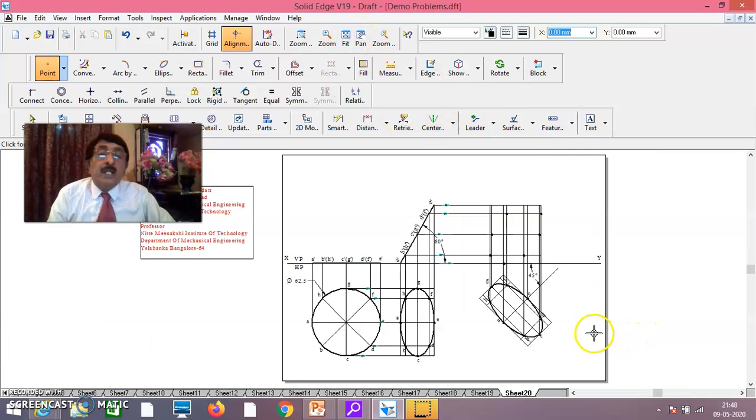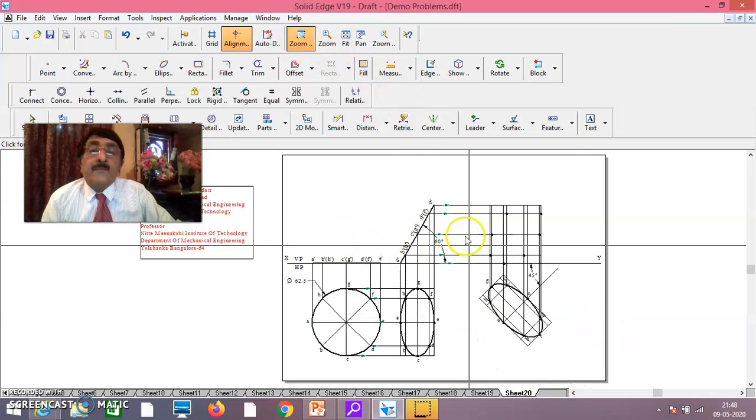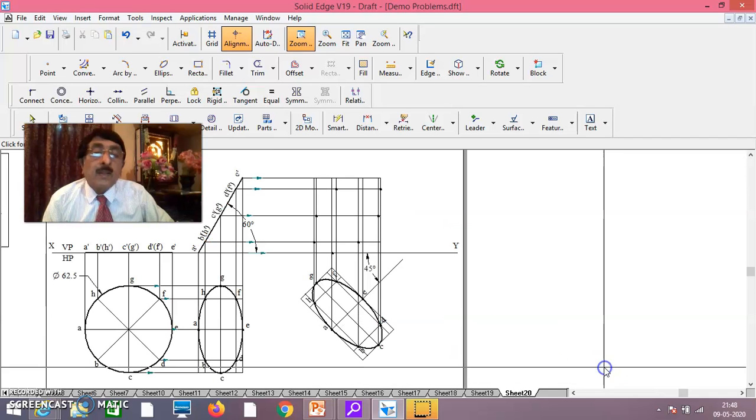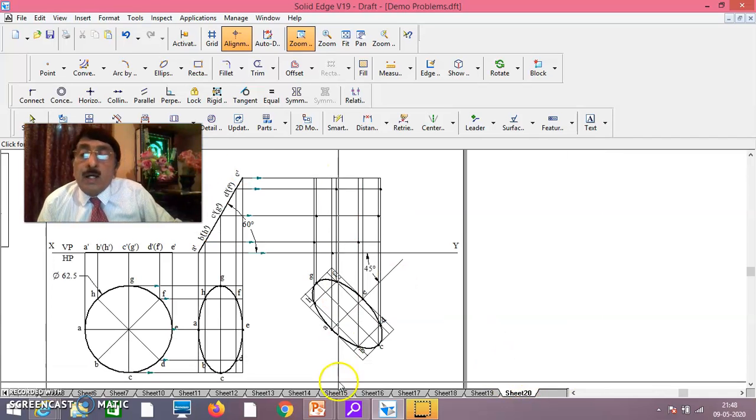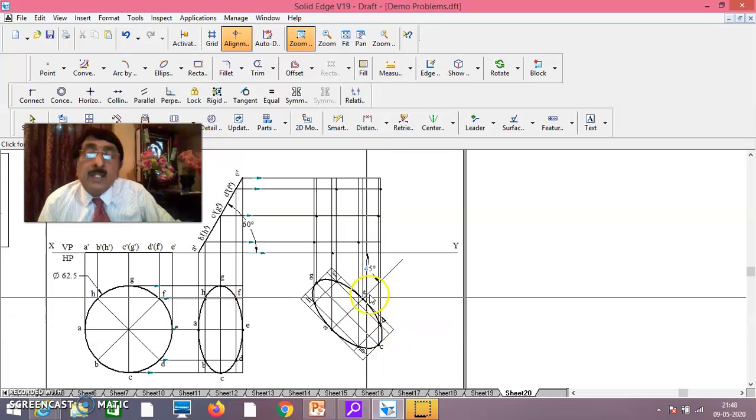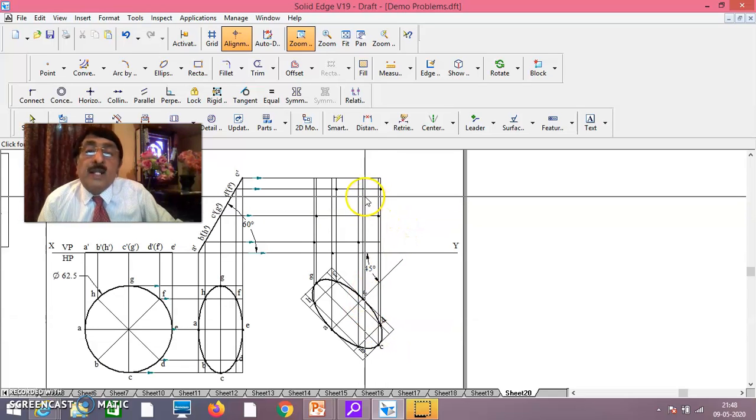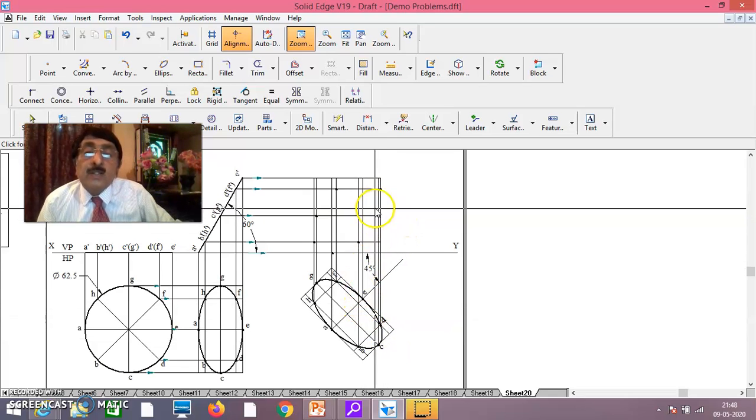Then E is on, actually A, B, C, D. E is on 1, 2, 3, third line. Correct, no? E is on the third line.